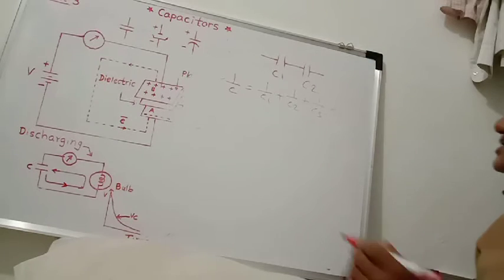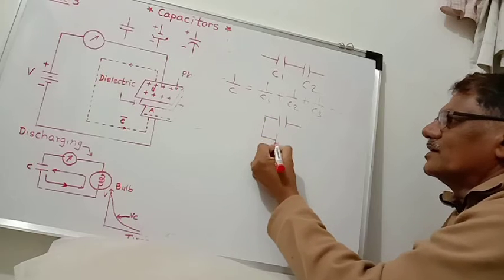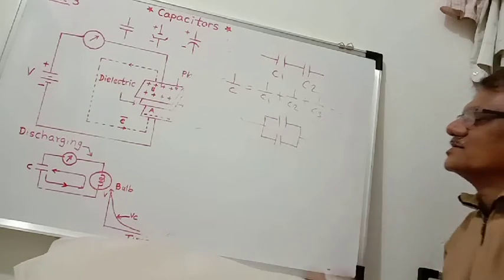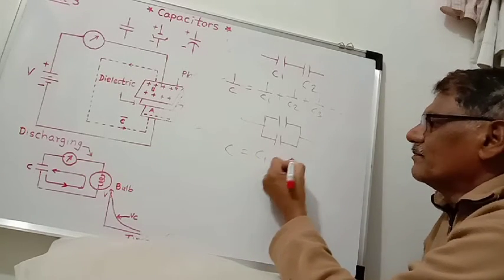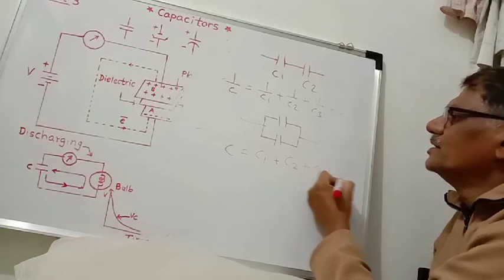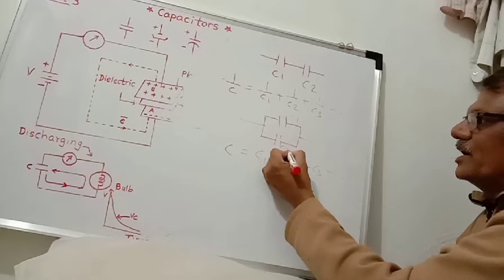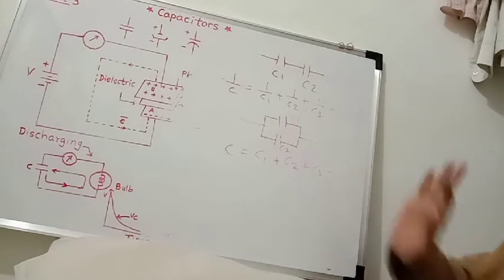Now when capacitors are connected in parallel, then its equivalent capacitance is given by C is equal to C1 plus C2 plus C3 and so on. Suppose C1 and C2 are connected in parallel, then its equivalent capacitance will be C is equal to C1 plus C2.